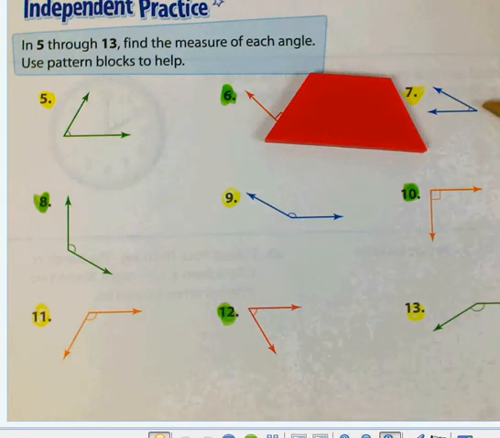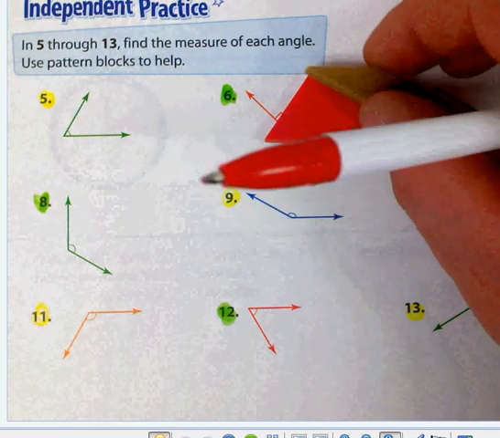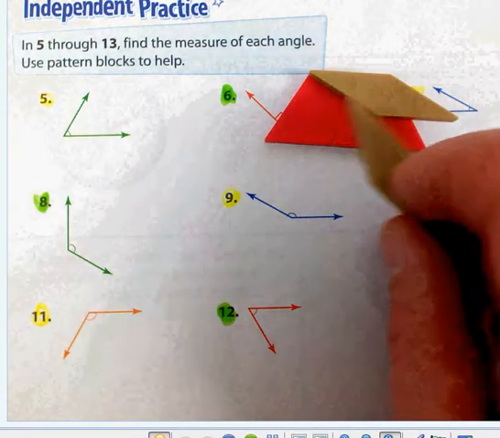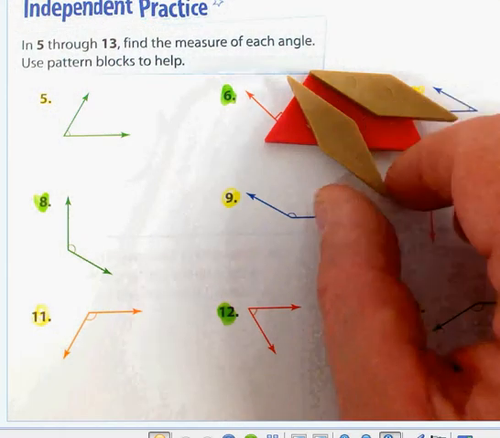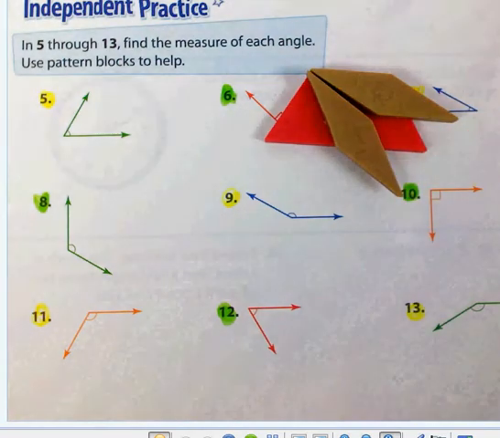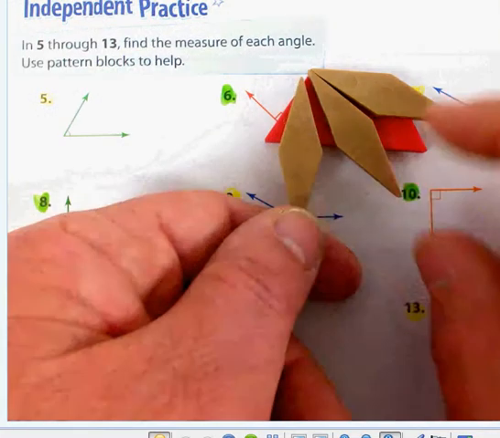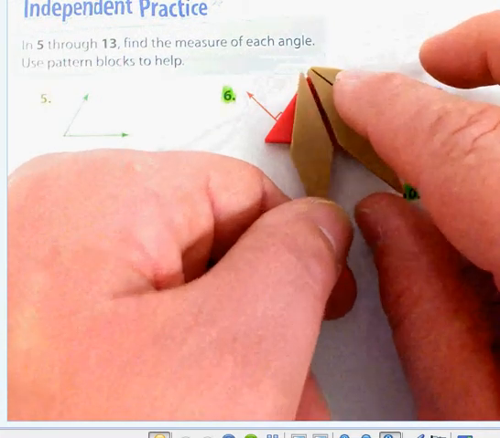And also we go ahead and measure the bigger angle on our trapezoid. We find out that it's 3... there's more. That's going to be 4.